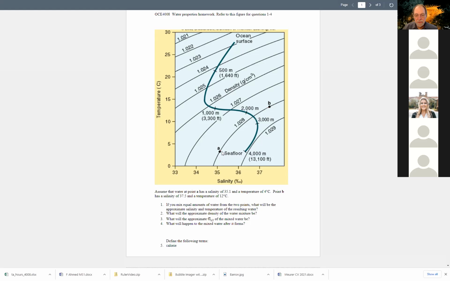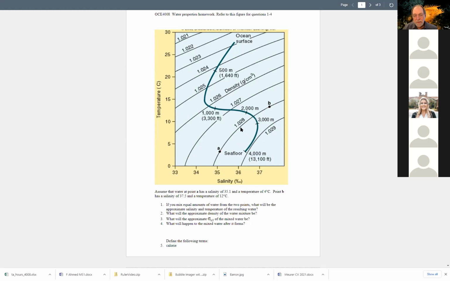Well, I'm not going to do the arithmetic, but if you just take the average of this, which is about 35.1 salinity and about 4 degrees for A, and then the average of that with this, which looks like about 12.5 and about 37.3, something like that. If you average those 2 numbers, that'll get you the approximate salinity and temperature of the resulting water.